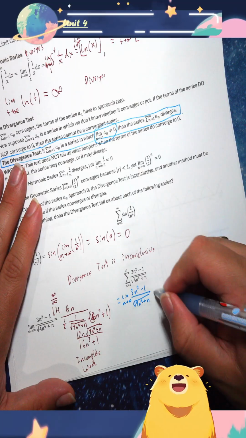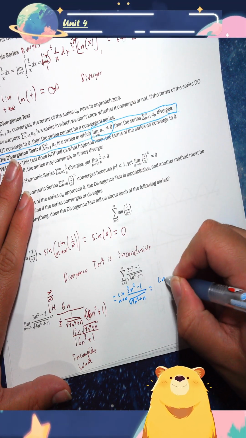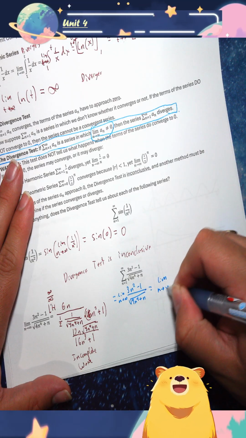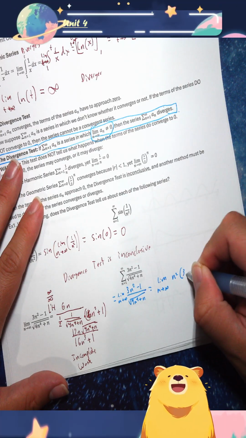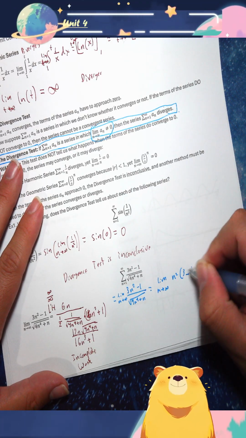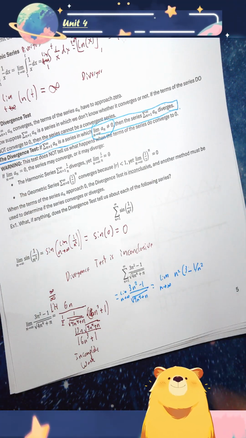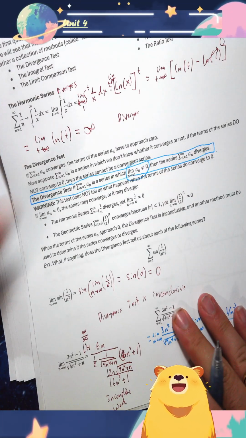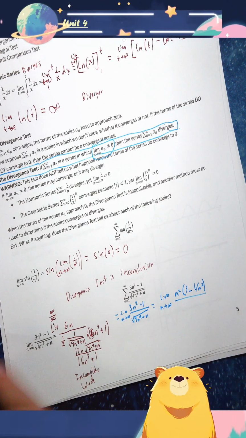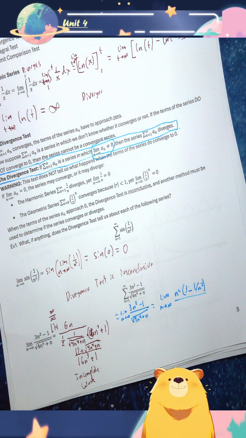The max power of n you could take out of here is n squared. That's what I'm going to do. n squared times 3 minus 1 over n squared.